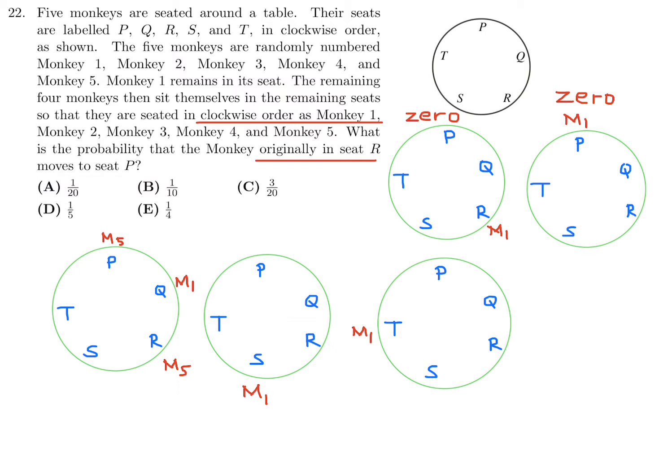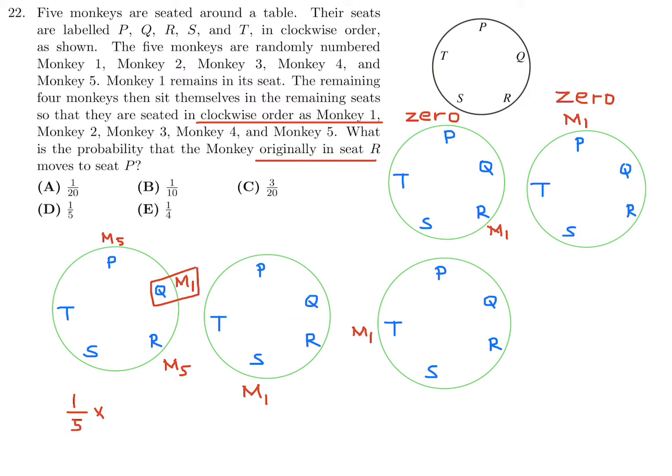First we have to look at the probability that M1 is in Q. There are 5 seats, and we have to put him in one of those 5 seats. So the probability of that happening is 1 over 5. That's the probability of monkey 1 being placed in seat Q. Then, in addition to that, monkey 5 has to have been placed in R. But be careful, this is fixed.